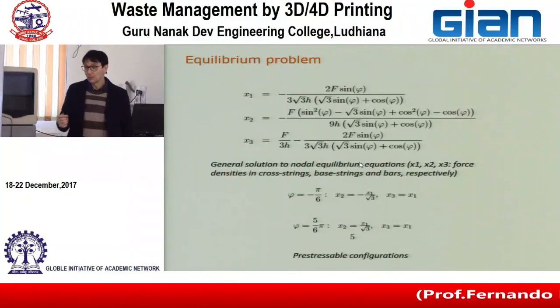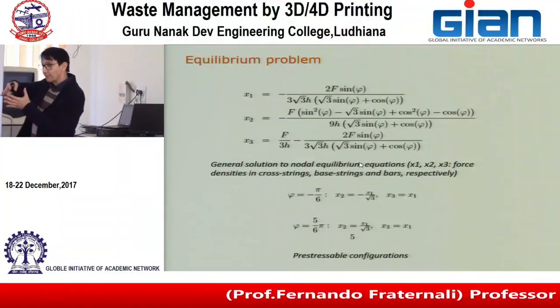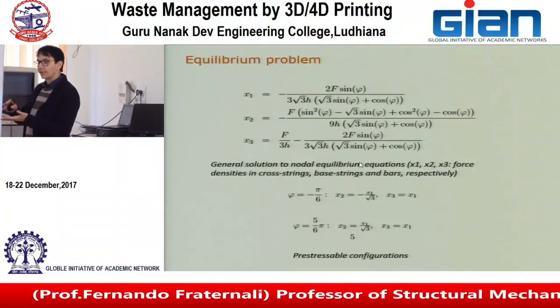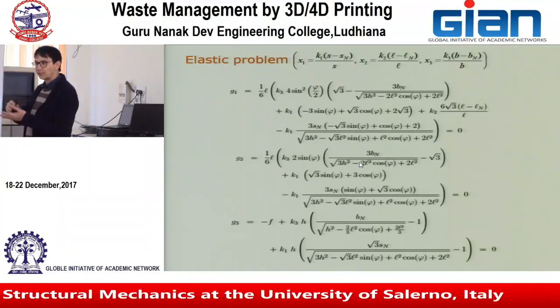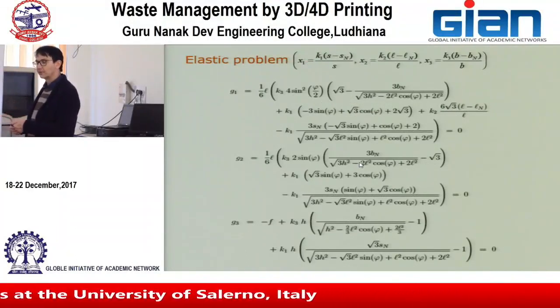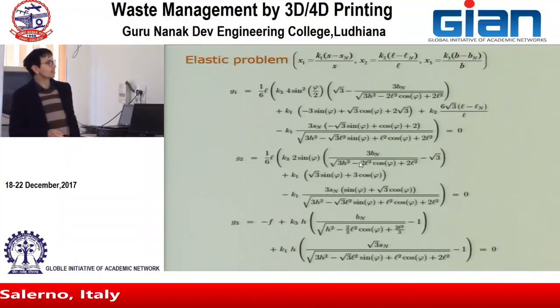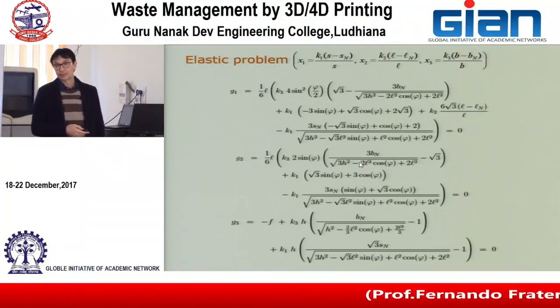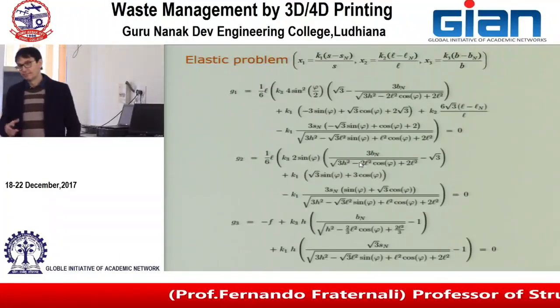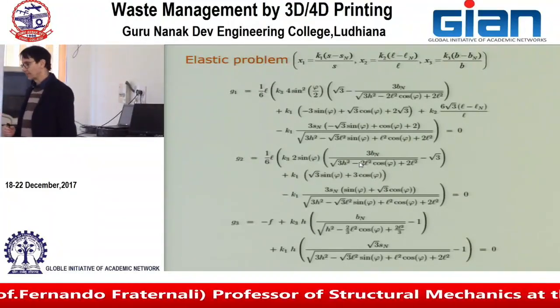We solved this equilibrium problem for compression from the freestanding configuration, and we found an interesting result. These are the details of the equilibrium problem, because I just give you the global sketch.